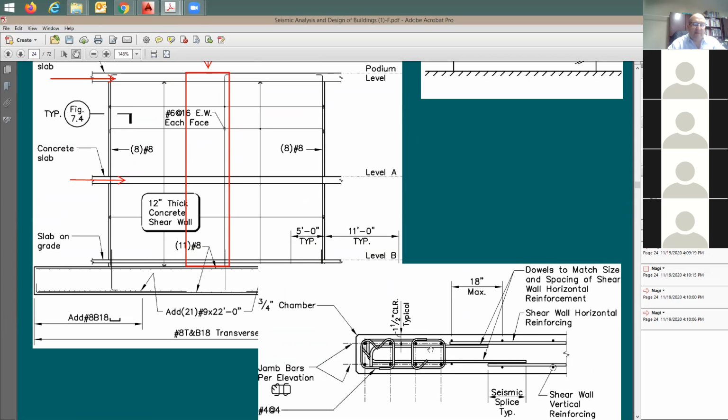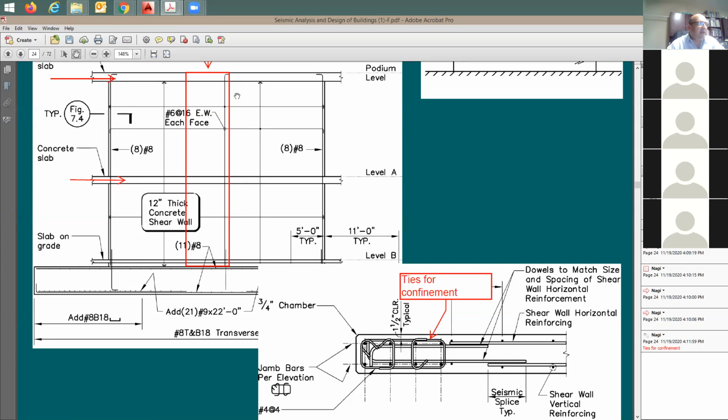And these ties are for confinement. We also call these ties confinement reinforcement that we put at the boundary end. Or as you see here, it's called jambars, because this is going to be the end of the wall. So at each end here, we're going to have 8 number 8.